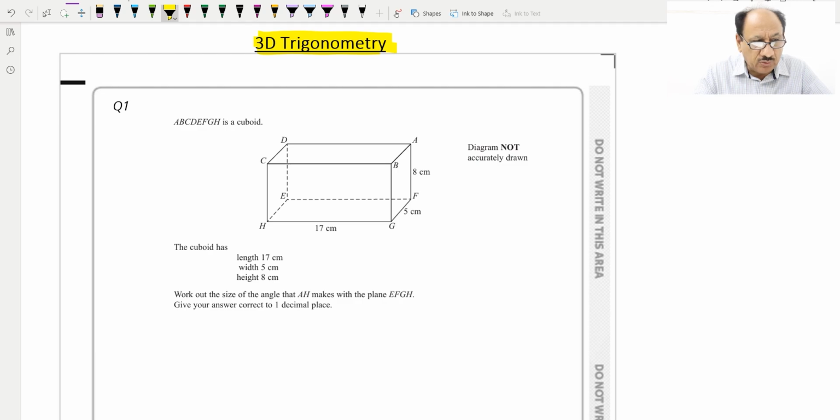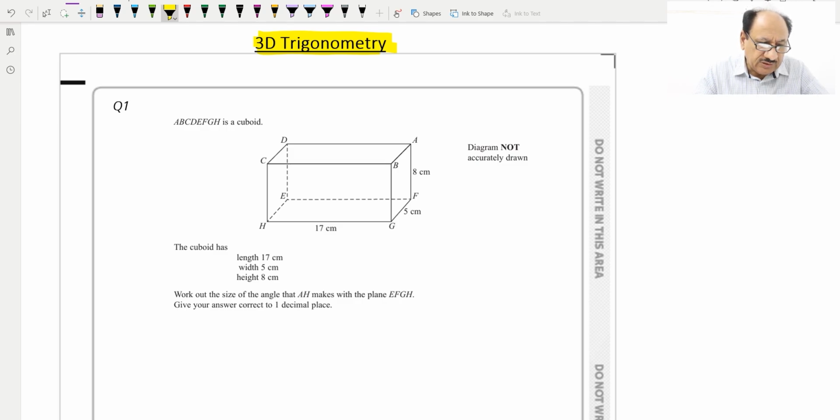Mostly sine rule and cosine rule is embedded in bearing questions, but sometimes in 3D trigonometry they also include this sine rule and cosine rule. So understanding of these questions is very important in case of 3D trigonometry.